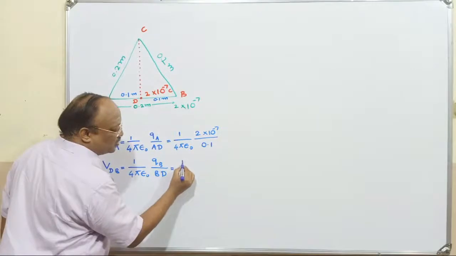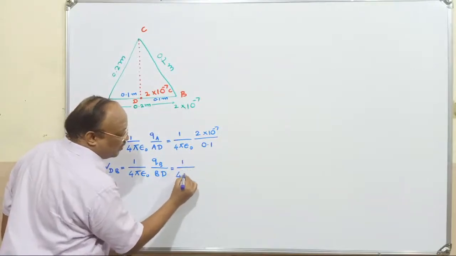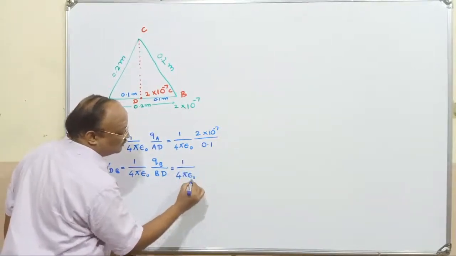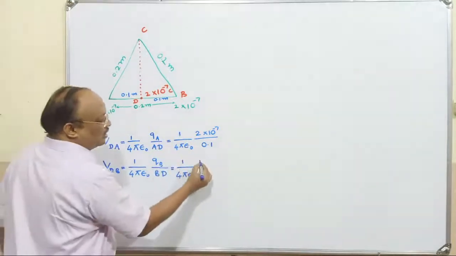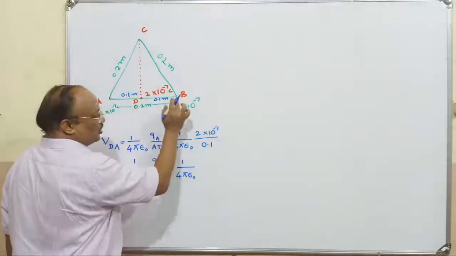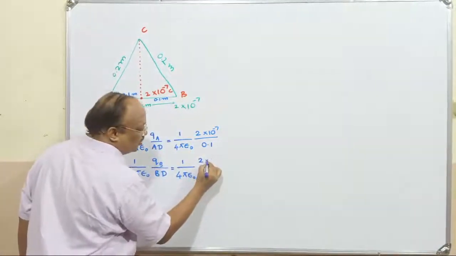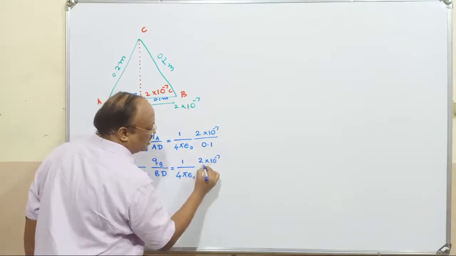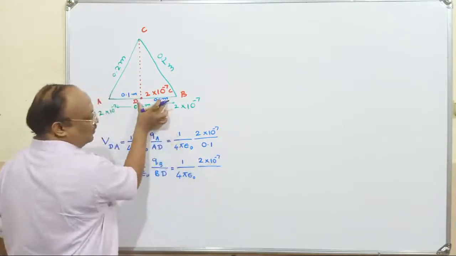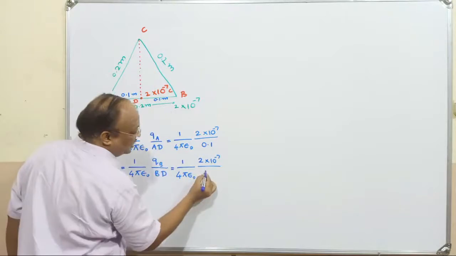Same thing here also. 1 by 4 pi epsilon naught, QB charge is 2 into 10 to the power of minus 7. What is the value of this BD? BD is 0.1.